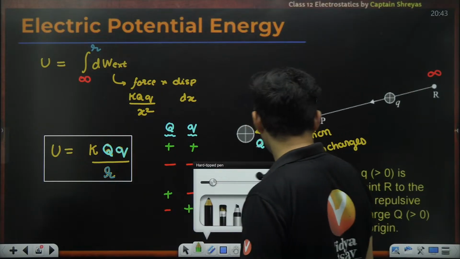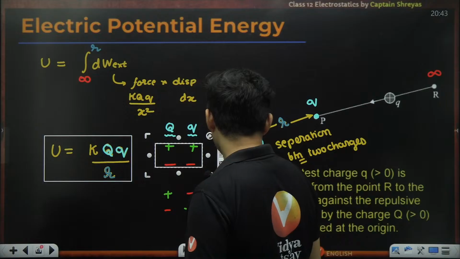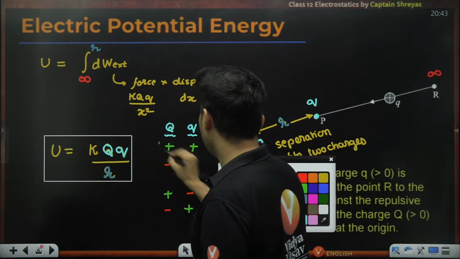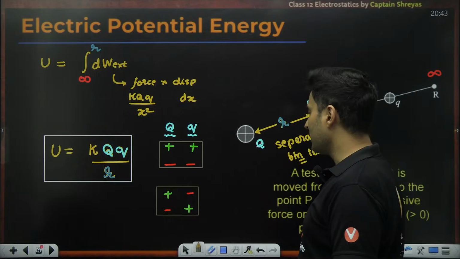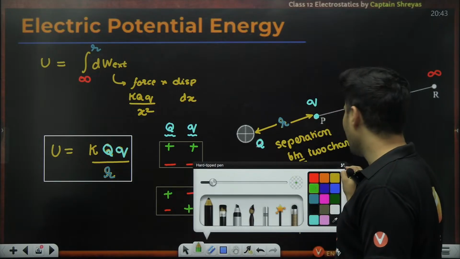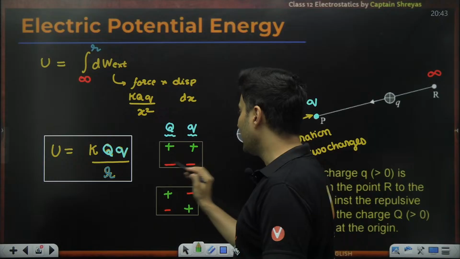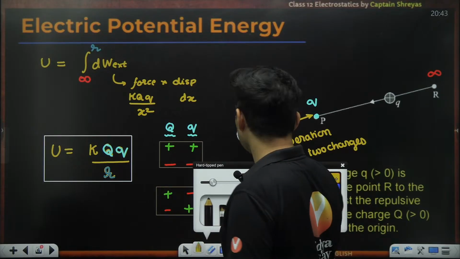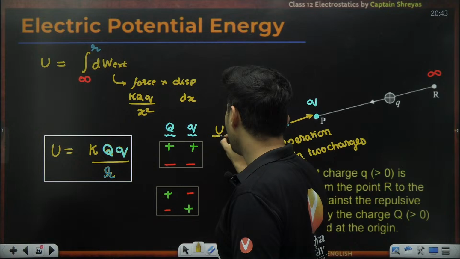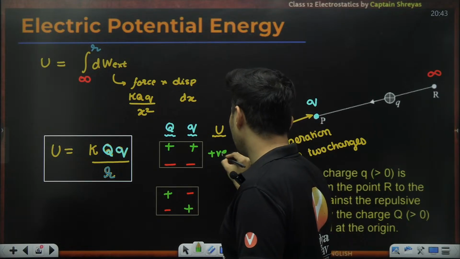When both the charges have identical signs, positive into positive is a positive number, negative into negative is also a positive number. So you will notice that our potential energy will also be positive in this case.